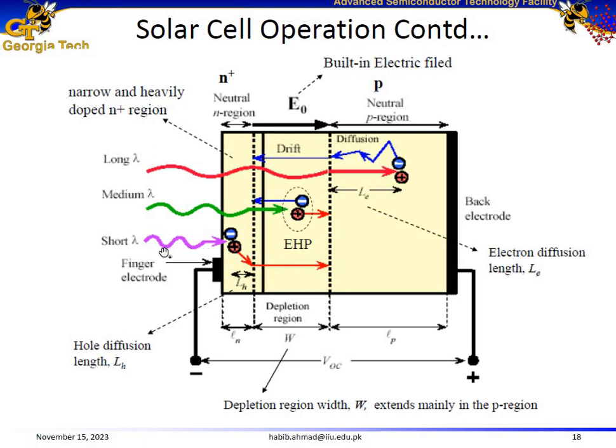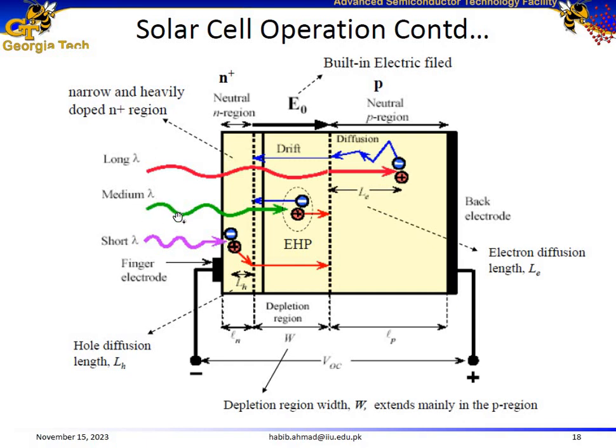Now assume three different photons. A photon with a shorter wavelength, violet light for example. Violet light has wavelengths in the range of 400 to 450 nanometers.